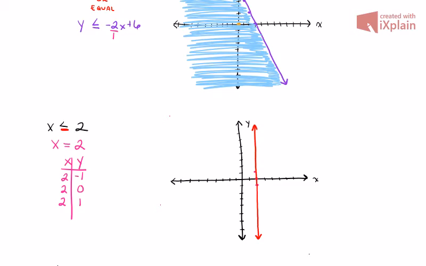The third step is, which way do I shade? And in this case, really, what I would encourage you to do is just take a look at the numbers on your x-axis. Which side has x values that are going to be less than or equal to 2?